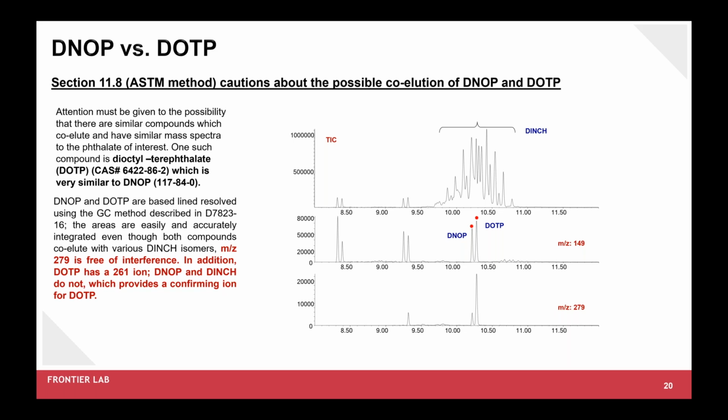With thermal desorption GCMS, you can easily and accurately identify DNOP and DOTP, even though both compounds co-load with various DINCH isomers, by using M/Z of 279, which is free of interference. In addition, DOTP has a 261 ion, which DNOP and DINCH do not, which provides a confirming ion for DOTP.